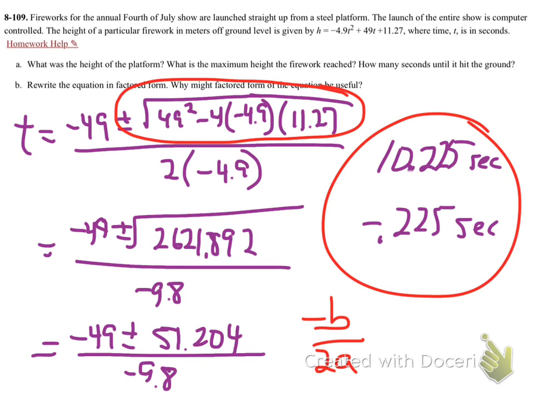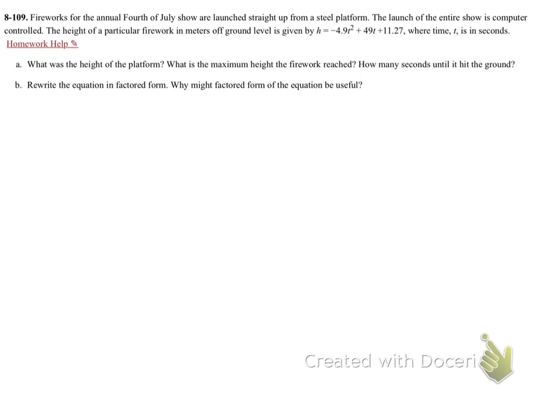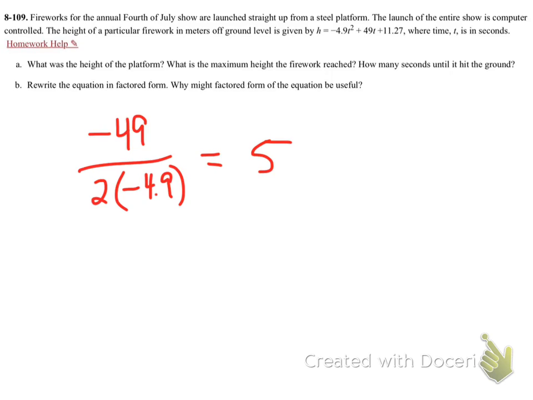So my line of symmetry is going to be the opposite of b divided by 2 times my a value. When I calculate that, I end up getting 5. So that is when t equals 5.